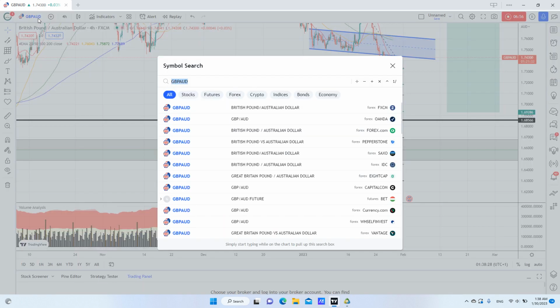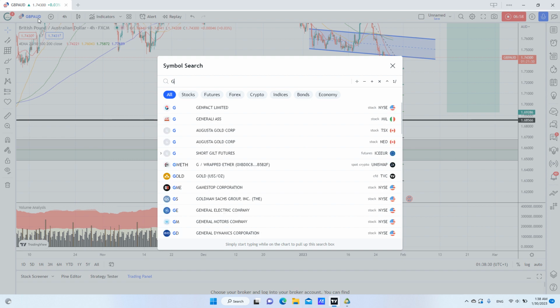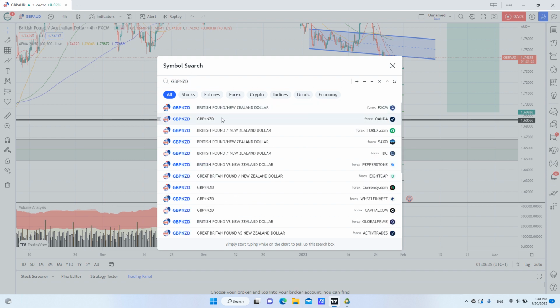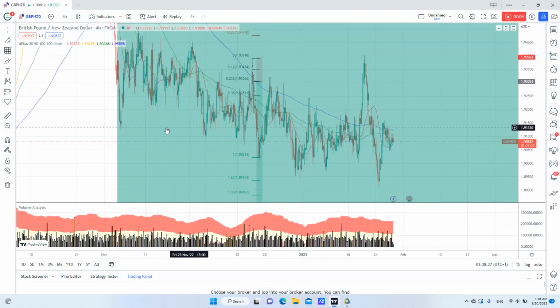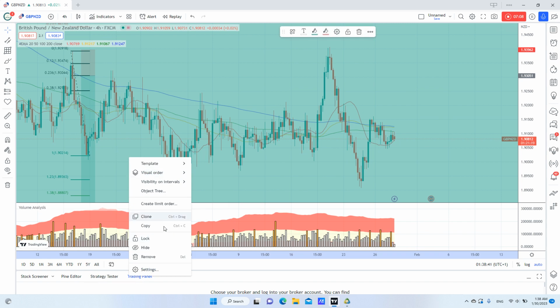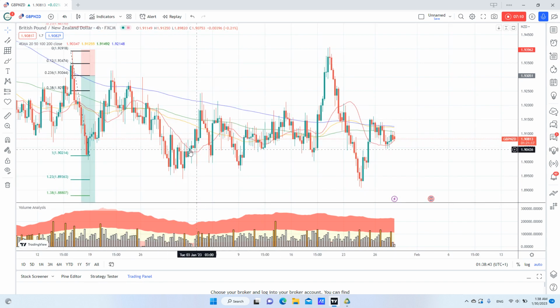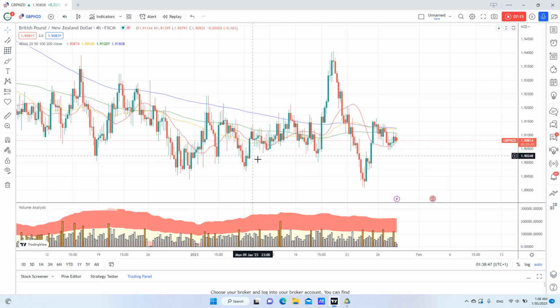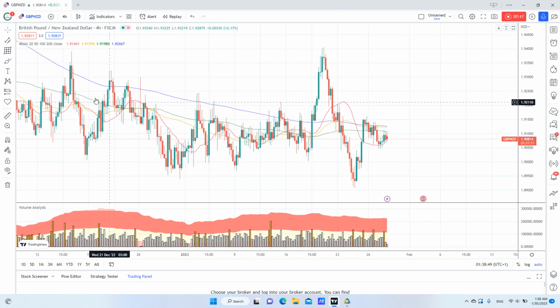And the third one is the Pound New Zealand Dollar. I will remove the drawings. And it is exactly the same.